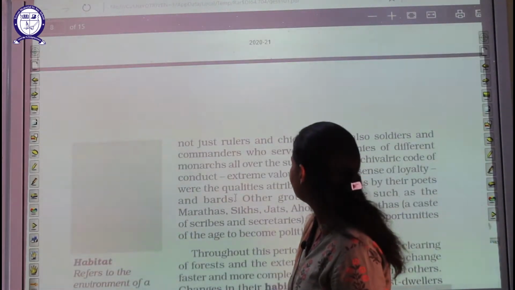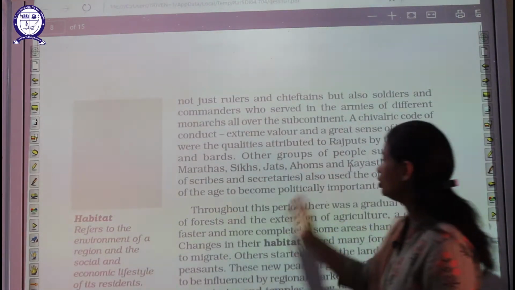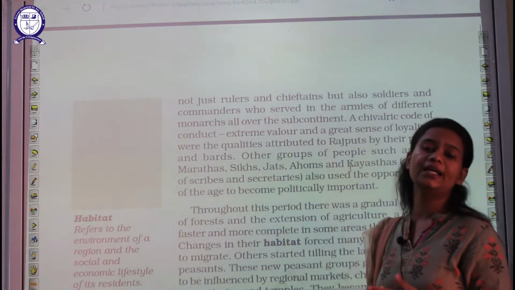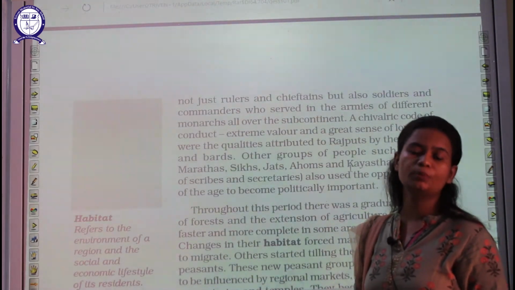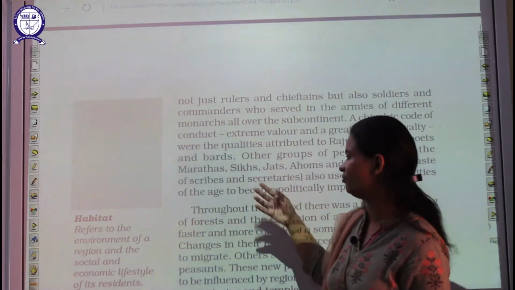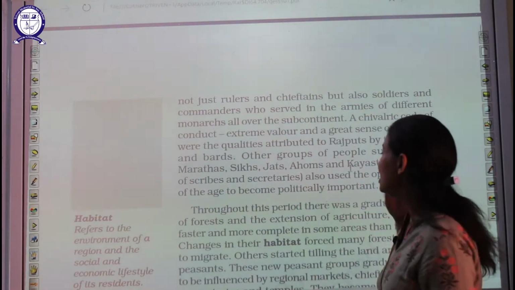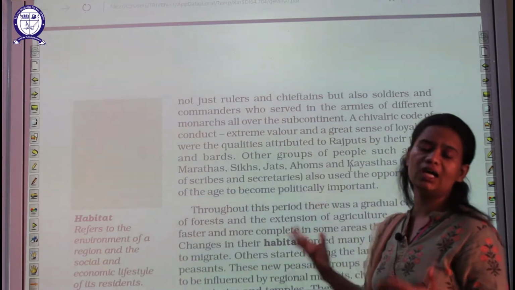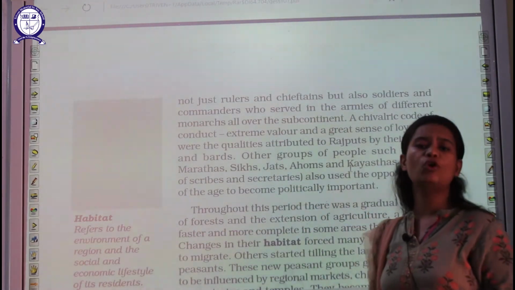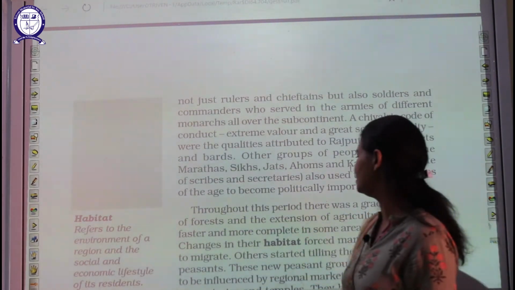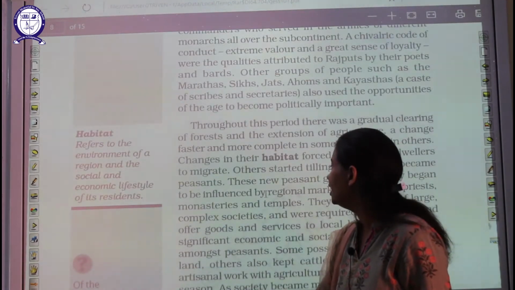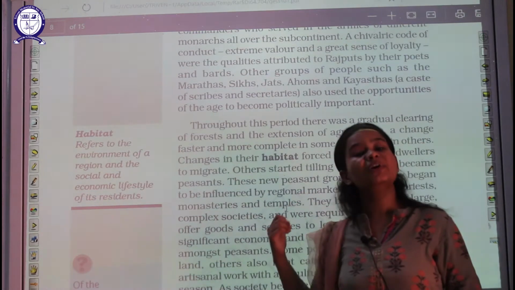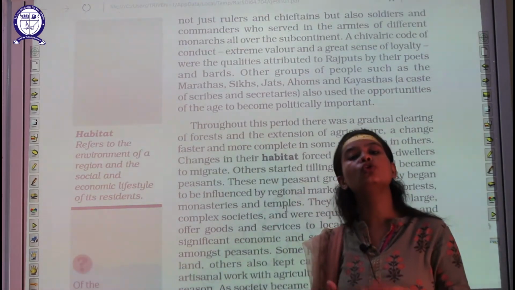The next is some other groups of people along with Rajputras. Other groups were also found, like Sikhs, Marathas, Jats, Ahoms, and many more. These are all caste categories that emerged during this time period politically. Now see, students, as I already told you, people learned by this time how to grow crops.